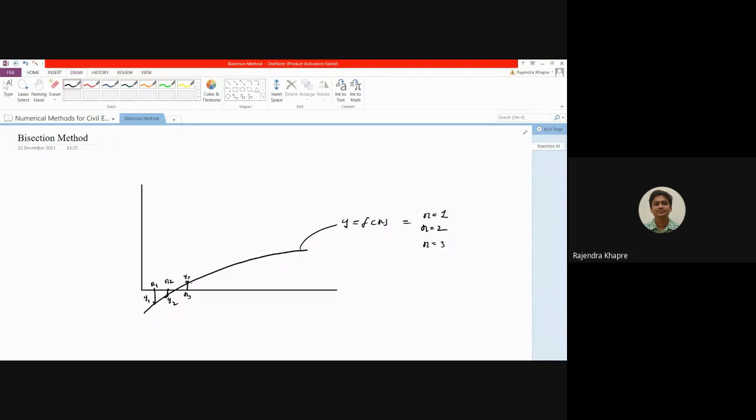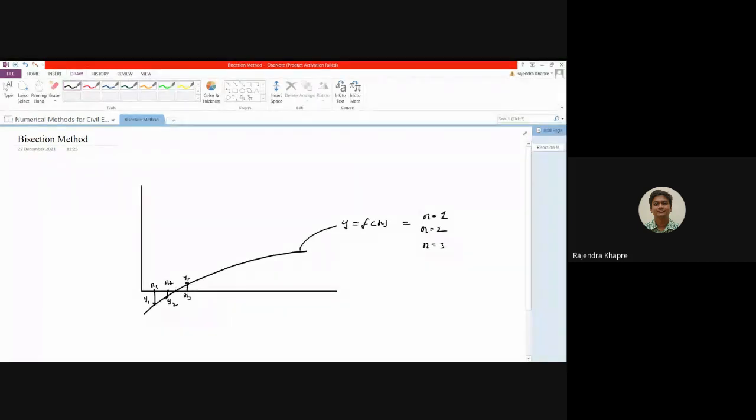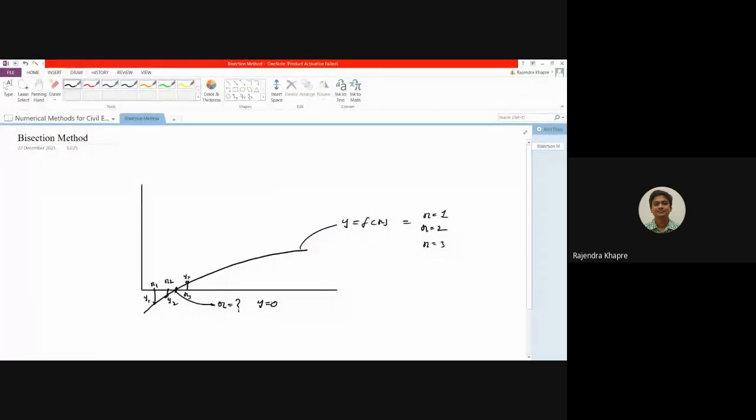The root of the equation means a value of x where the corresponding value of y is 0. Here that point is somewhere over here. I want to know what is the value of x such that the corresponding y value is 0. This is the basic thing which we have to do.